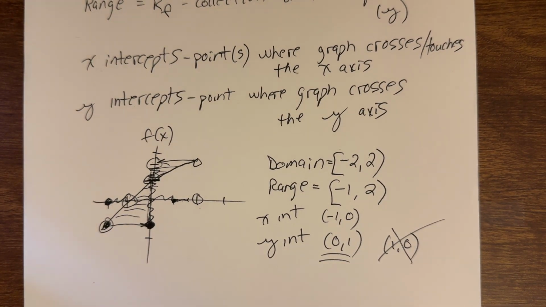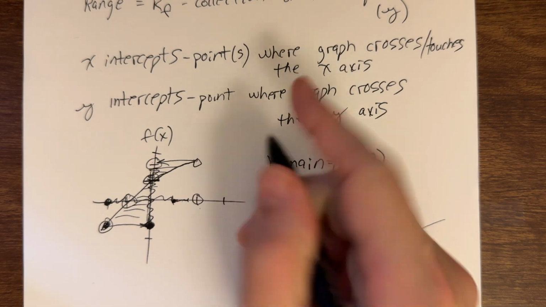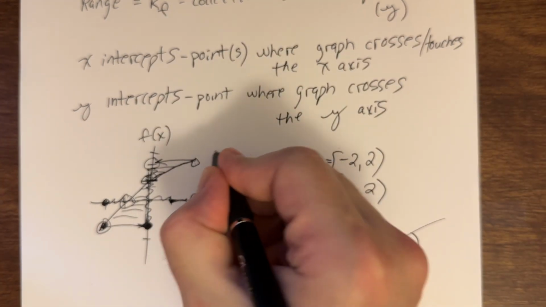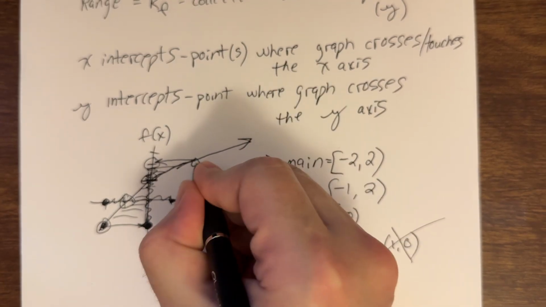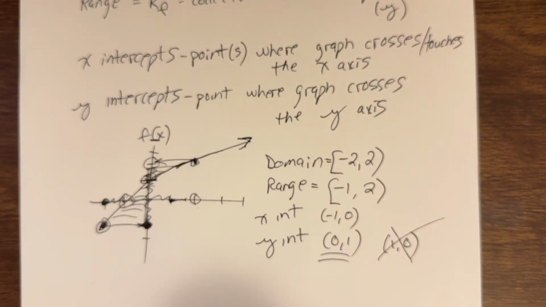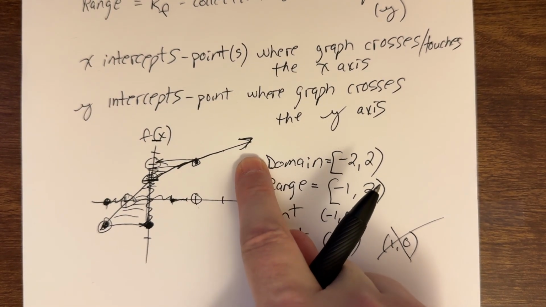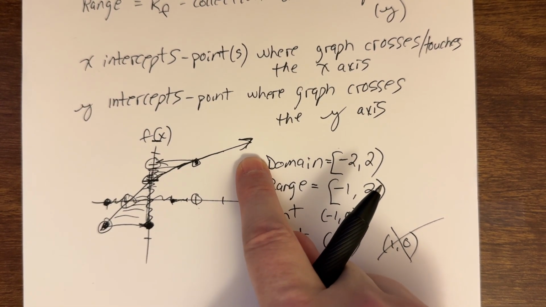Let's take this a little bit further. Same graph, but now, instead of having this open circle, this line continues and I've got this arrowhead. We have to understand that when we see an arrowhead, that has some aspect of forever to it.